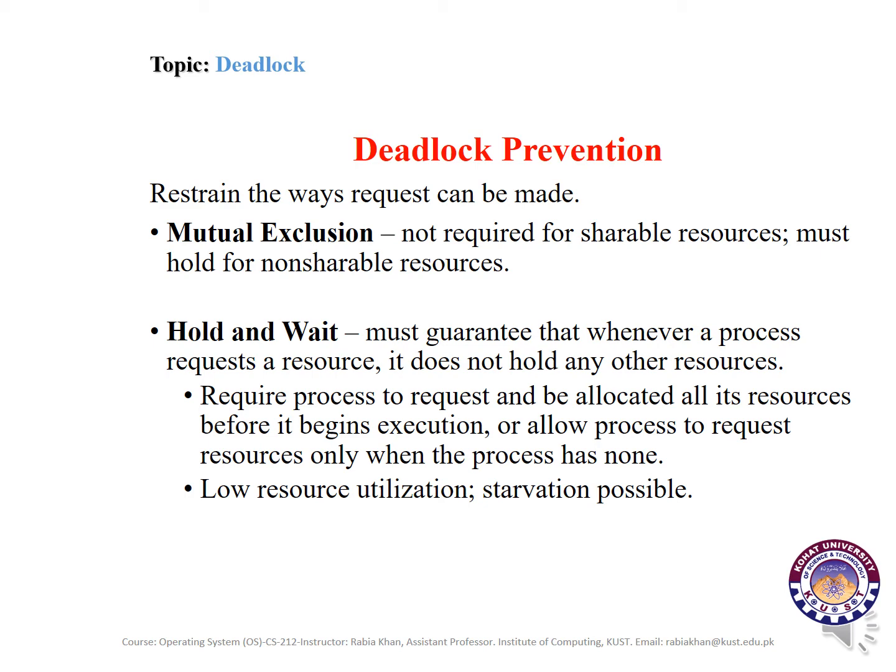The best example of such a resource is your internet bandwidth. You can run more than one application at a time on your internet bandwidth and all work correctly. So this is an example of a shareable resource.